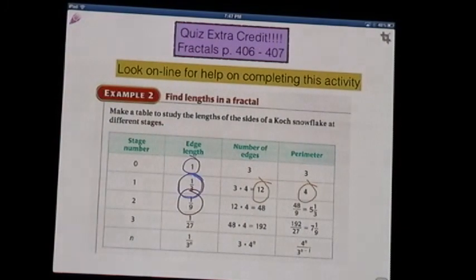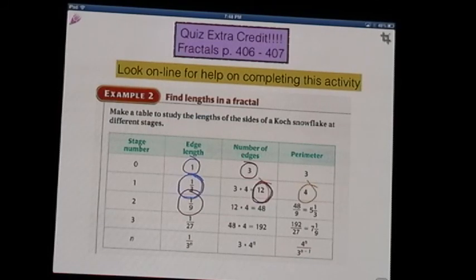Now what they're looking for is a relationship. What did we do to the 3 here to get the new number of edges? We multiplied times 4. And what did we do here? 12 times 4 gives us 48. So each time, to get the number of edges, we're multiplying by 4.